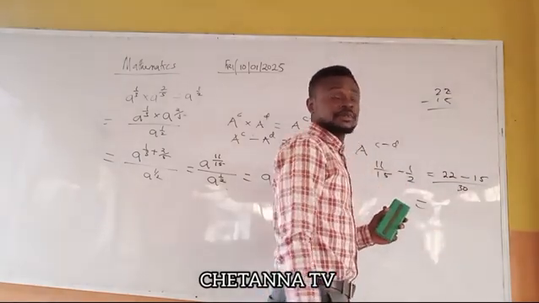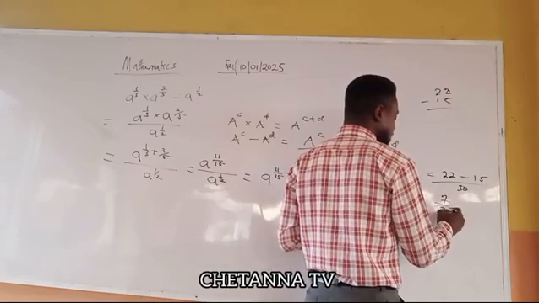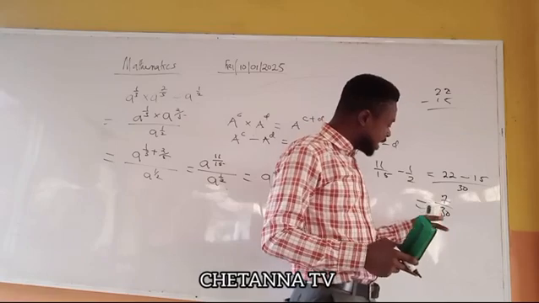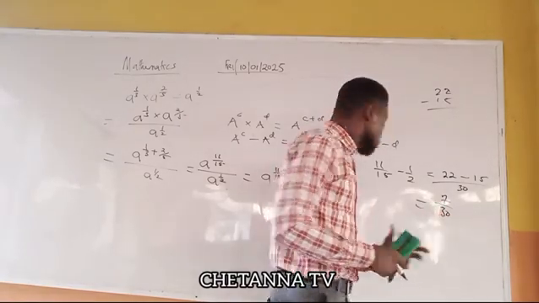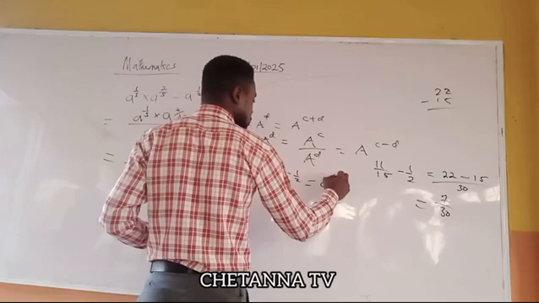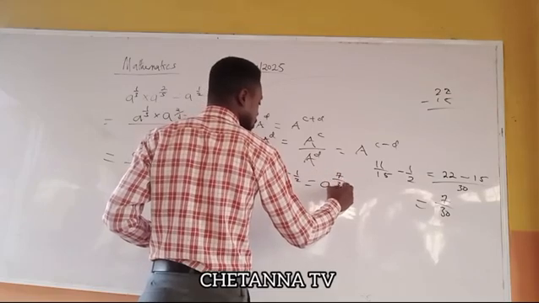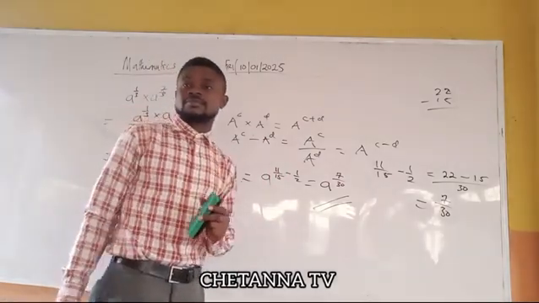Is it 7? Good. 7 over what? Is there anything you can do? No, nothing can go here. So leave the answer like this. The answer now becomes A raised to the power 7 over 30. That's the answer.